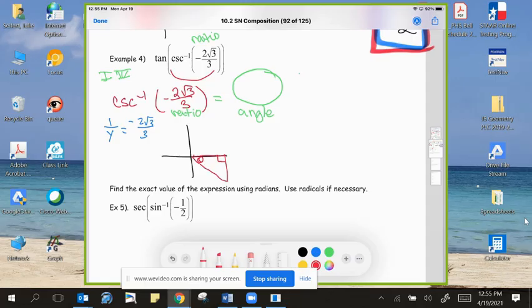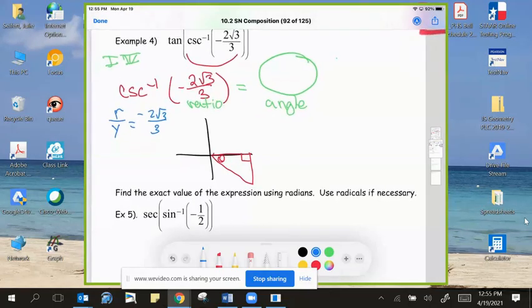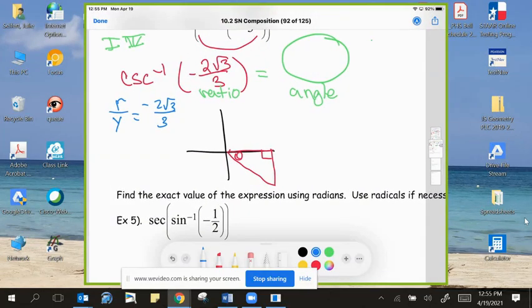Now, this one looks a little weird. However, we can get it there. If we think of cosecant as r over y, that radius would be negative 2 root 3.